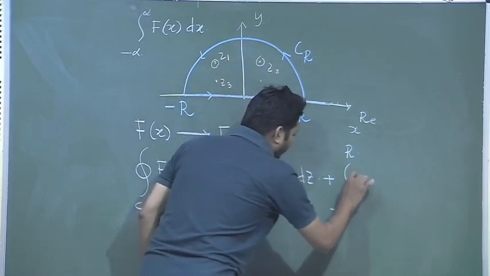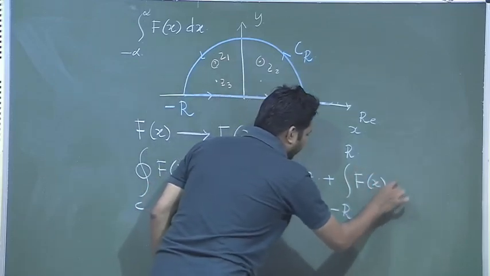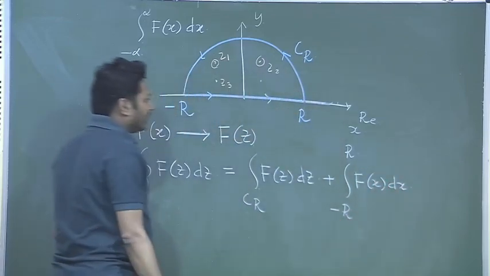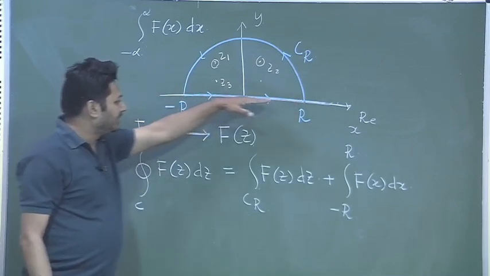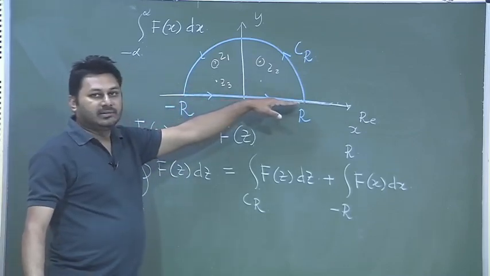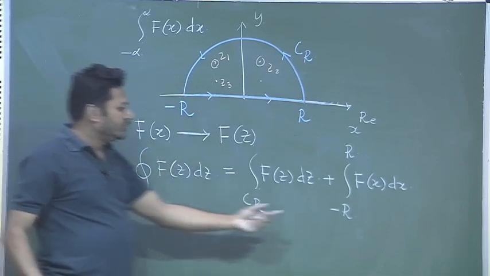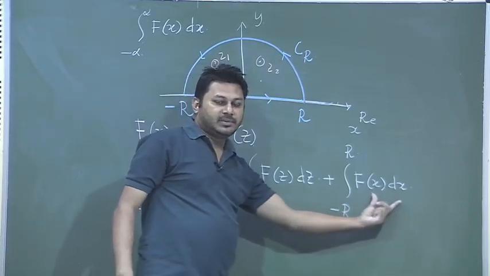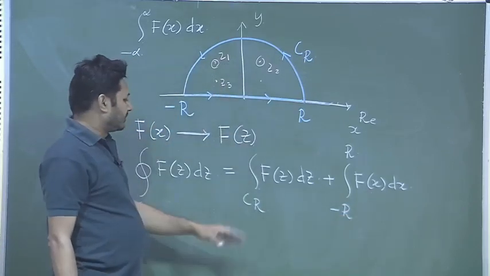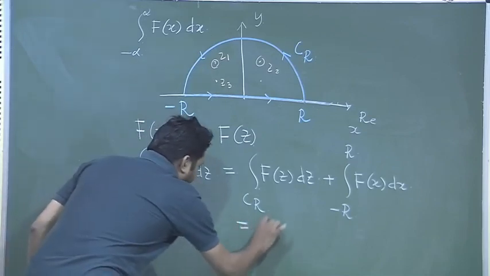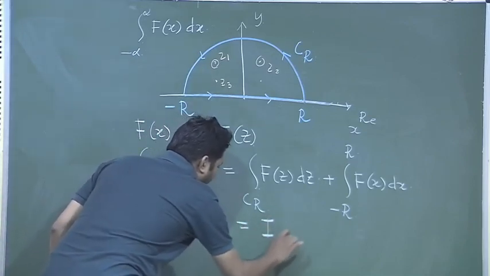What function will I write? My function will be simply f(x), because the function is lying over the real axis, where y is 0, so there is no y, only the x term. So there will be two integrations, which I write as I1 plus I2.